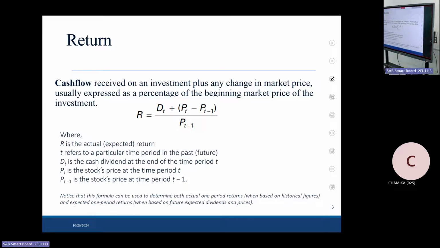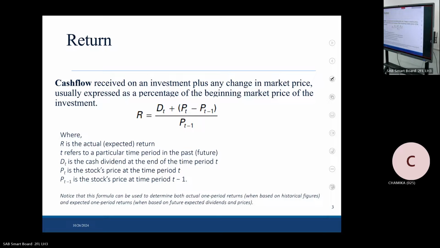What is the difference between return and profit? So here it is, return, profit. Simply, what is the difference? Return and profit. Are they the same?